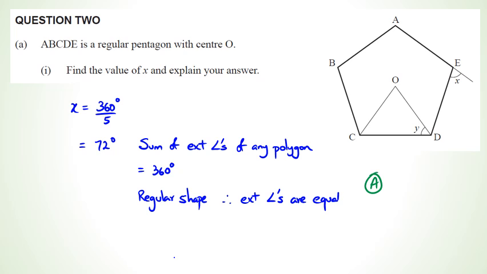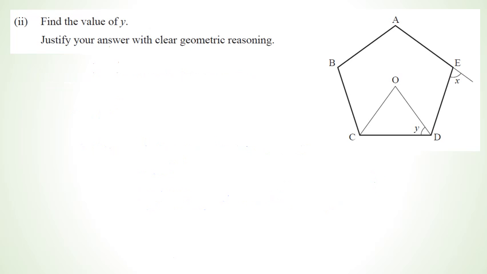Okay, next question. Now, there's a couple of ways you can do this question, but the way I'm going to do it is I'm going to work out angle COD first. Because it's a pentagon, I'm going to split this pentagon up into 5 little triangles.